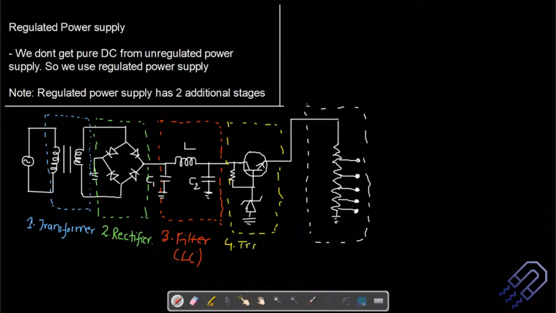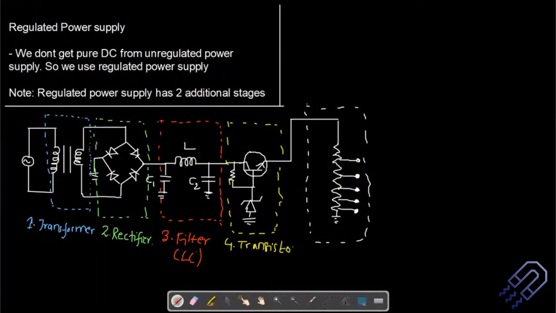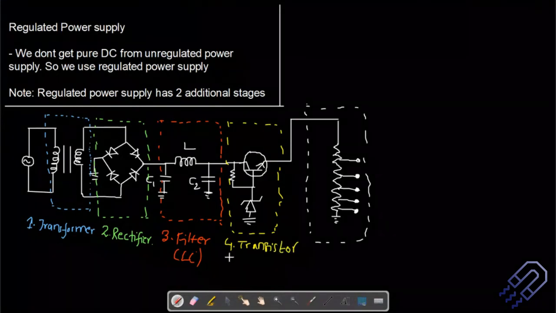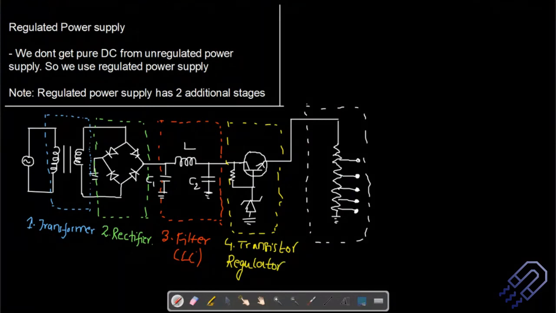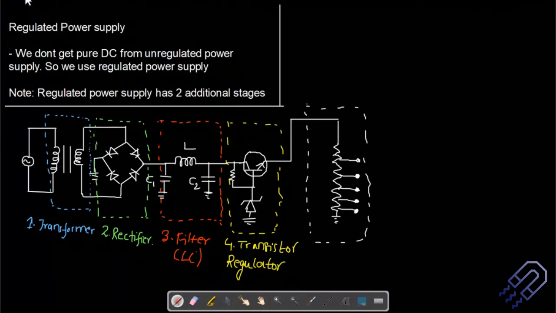This is a transistor here, and it is used to regulate the power supply, so this is a transistor regulator. And the final stage is basically a voltage divider. So this is your voltage divider.